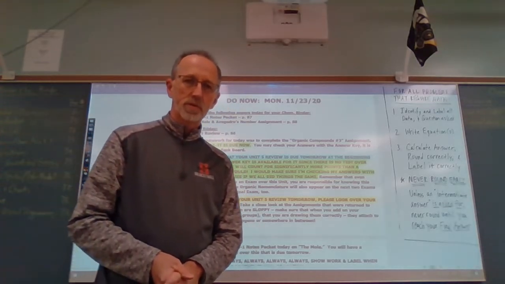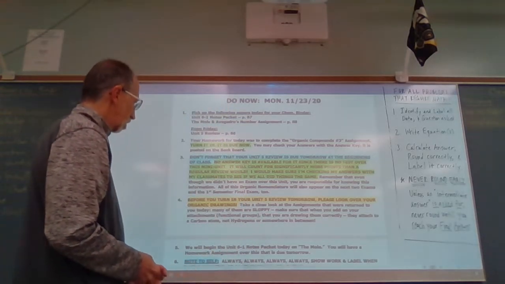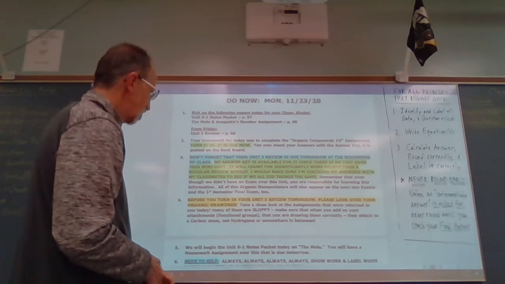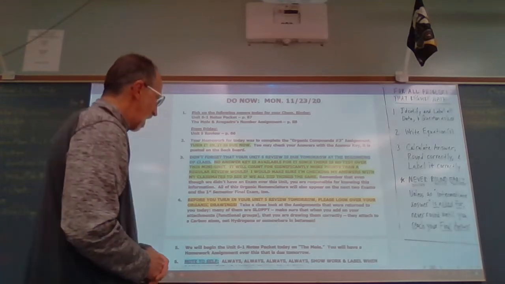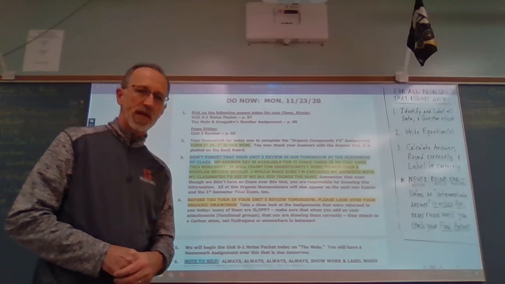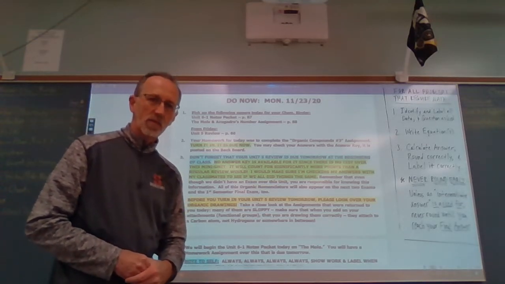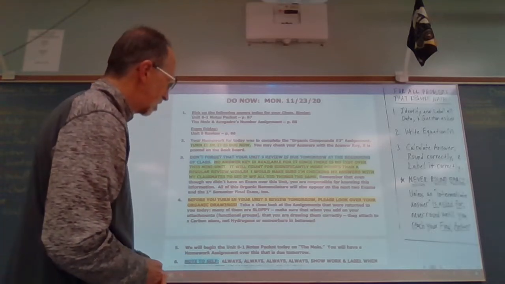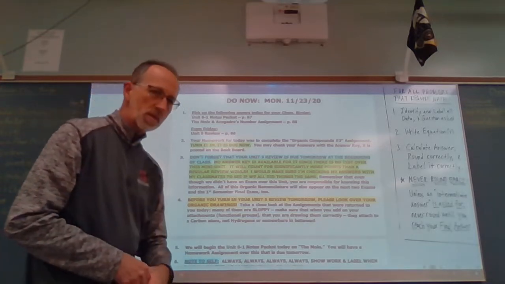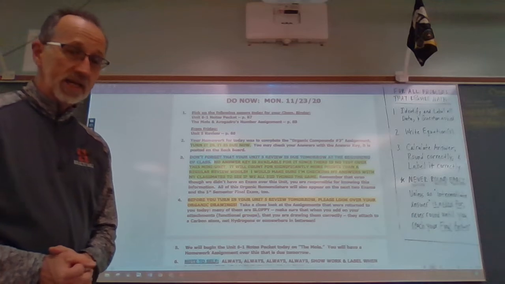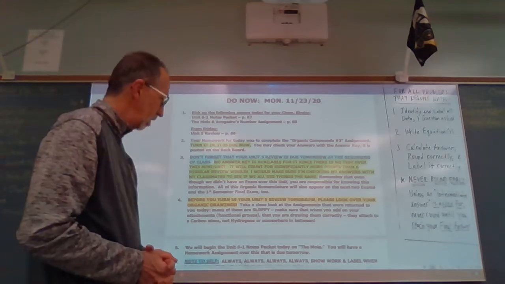Make sure you do. Functional group carbons attach to a carbon atom on the main chain, not to hydrogens or somewhere in between. So make sure your drawings are more accurate. I will take points off for those if they are sloppy. That's due tomorrow, beginning of the period, so don't forget.